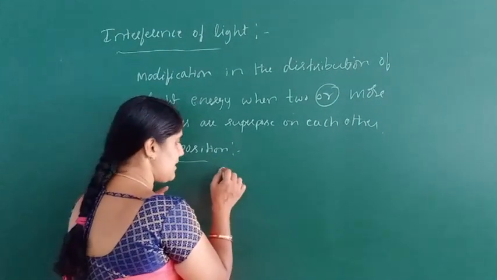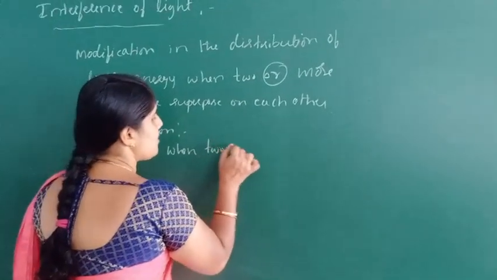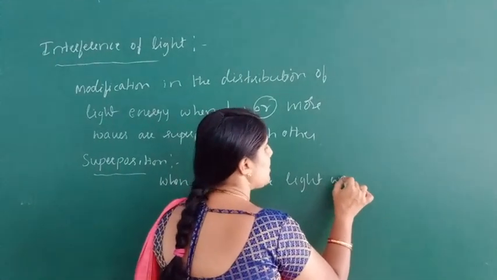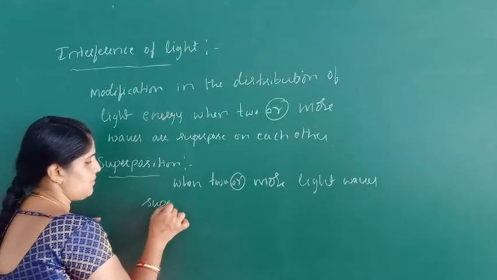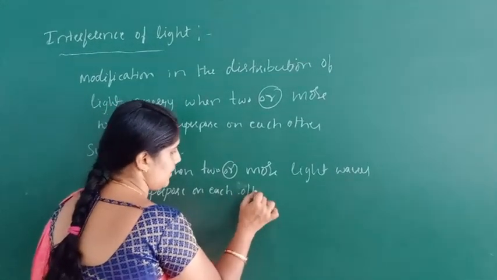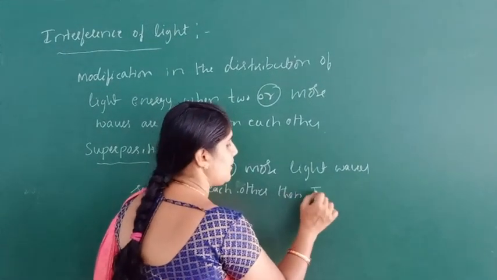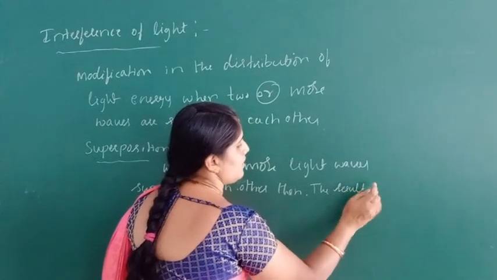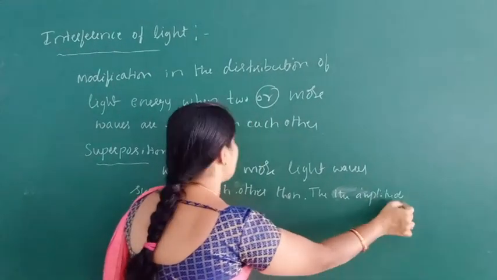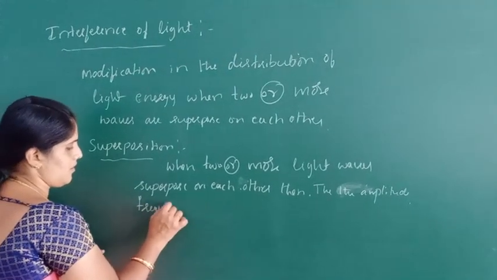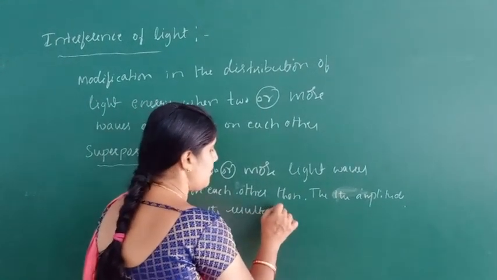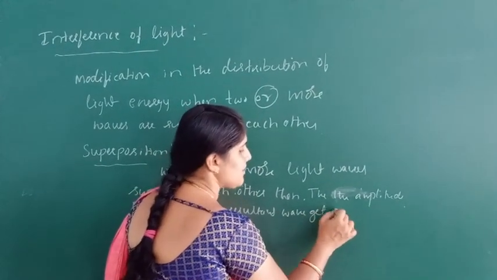The principle of superposition states that when two or more light waves superpose on each other, then the amplitude and frequency of the resultant will get changed.